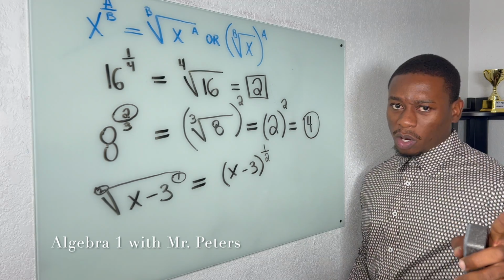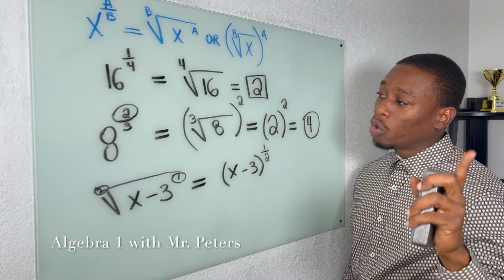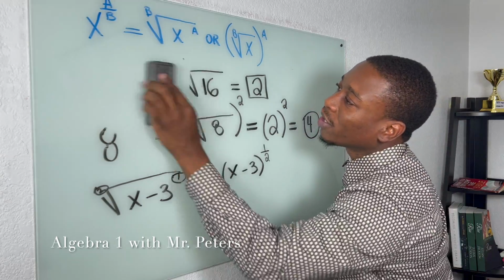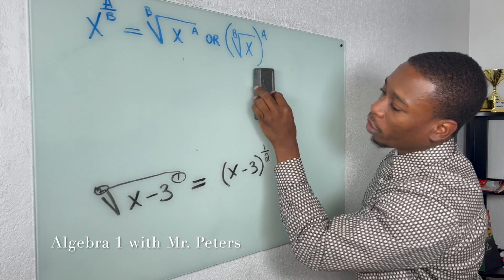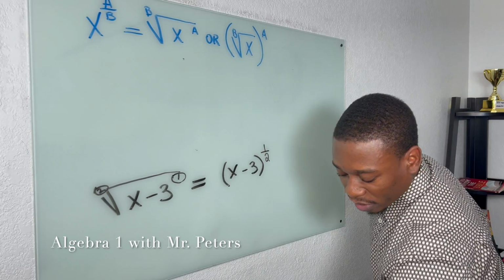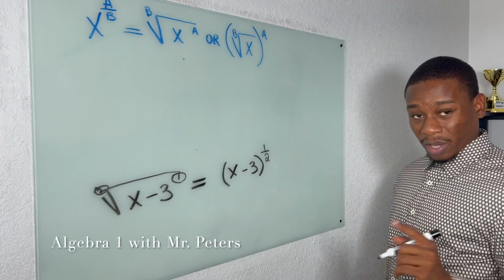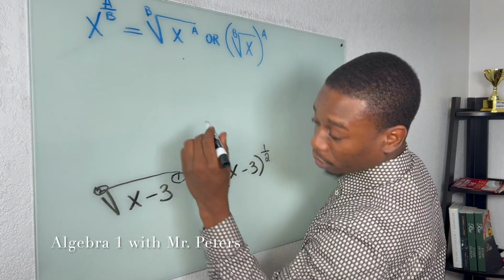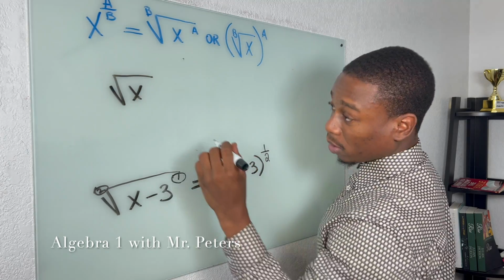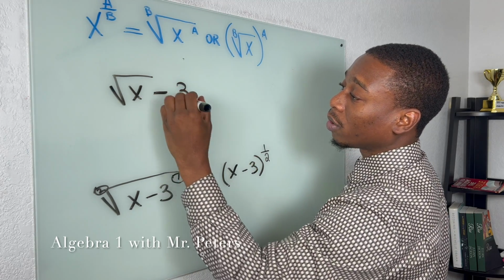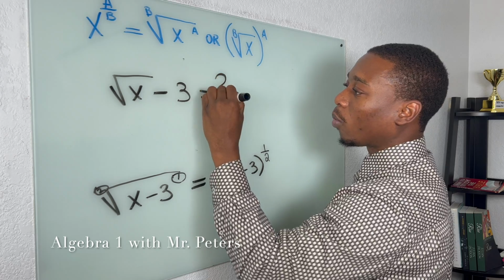But before we go on to the last part of the video, I want to do one more radical problem with you guys so that you could see more than one example. And we're going to go based off this one. So in our second problem now, this is what they do, and I want you guys to really pay attention. Now they say we have radical x minus 3. So how does this change the problem, guys?